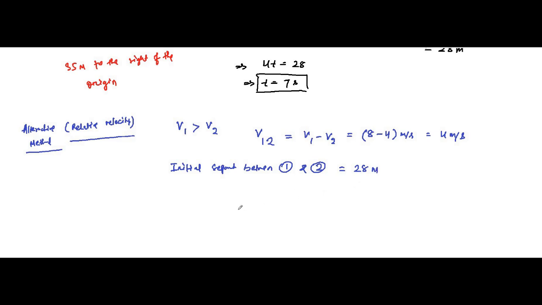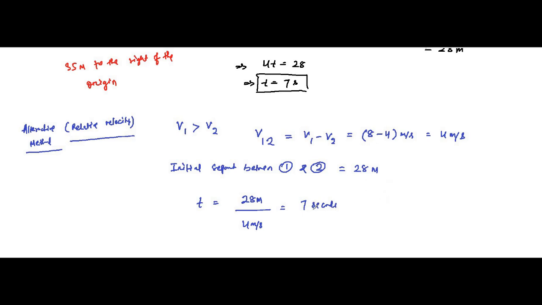So the time when they will meet each other is equal to the initial separation, 28 meters, divided by the relative velocity, which is 4 meter per second. That is equal to 28 by 4, which is equal to 7 seconds. Same result. Here also we got 7 seconds as the result.